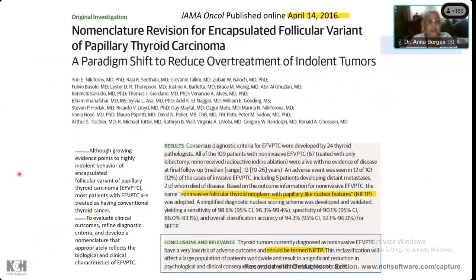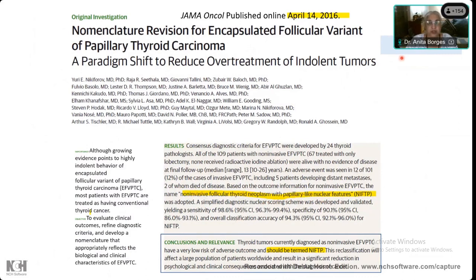In 2016, they had a nomenclature revision for EFVPTC, the very thing that I said should not be treated like a carcinoma. And they changed the name to non-invasive follicular thyroid neoplasm with papillary-like nuclear features, NIFTP.